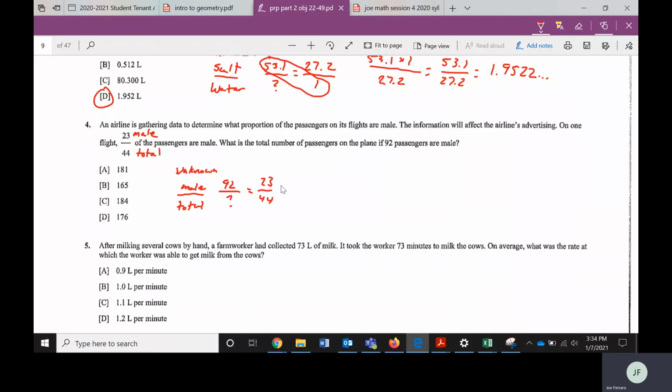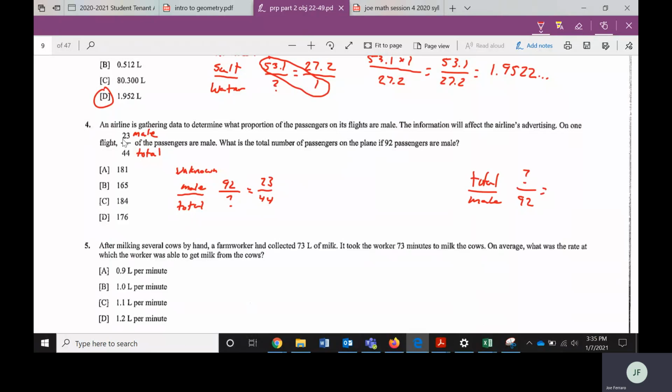Now, if we would have done, I'll just show you over here, because when you read this question, you read what is the total, and then if there's 92 male. So if you happen to set it up like this, you would still get the same answer as what we're going to get in a second. We just know that we don't know the total in the question when there's 92 passengers.